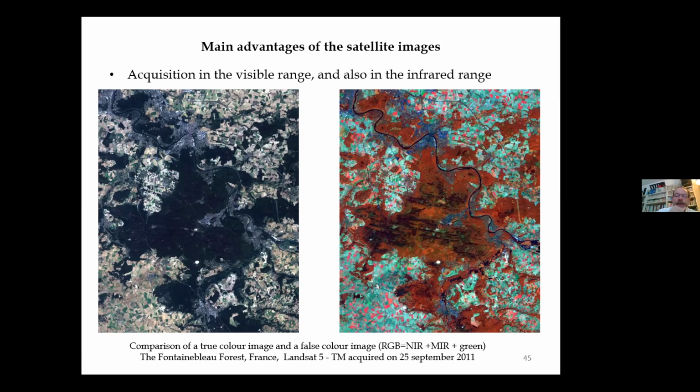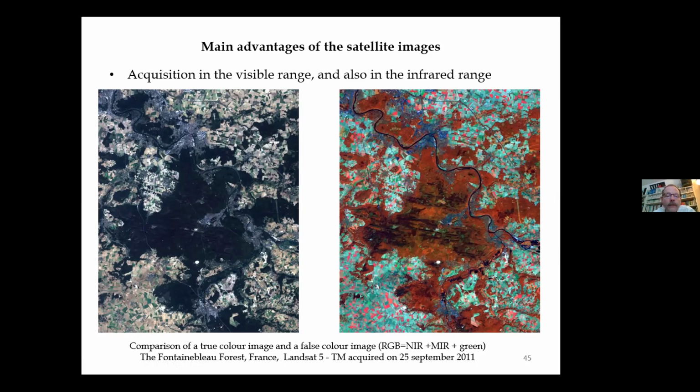We will discuss this very important issue of the color composites in other part of the lecture and of practicals, but you can see that it is very different, and it's always necessary for land use, for land cover mapping, to use infrared ranges.